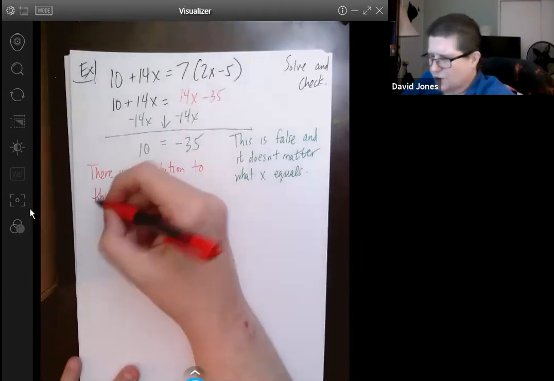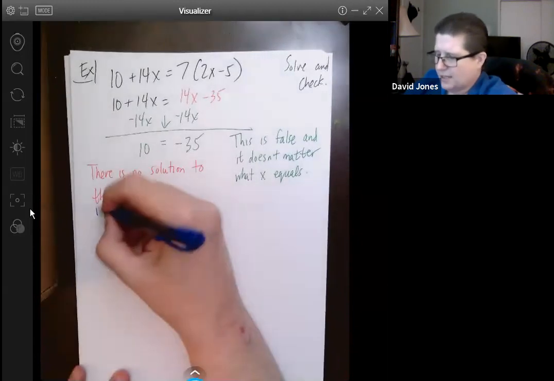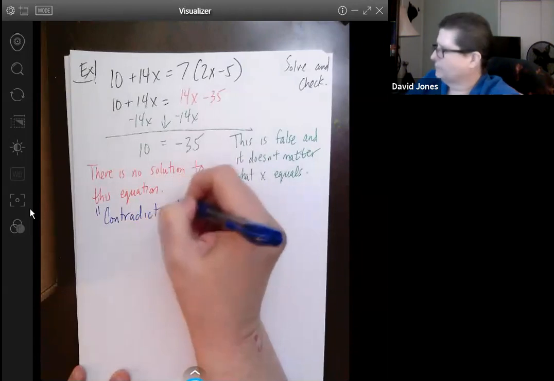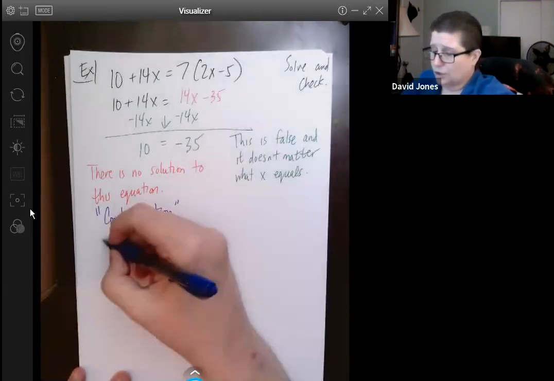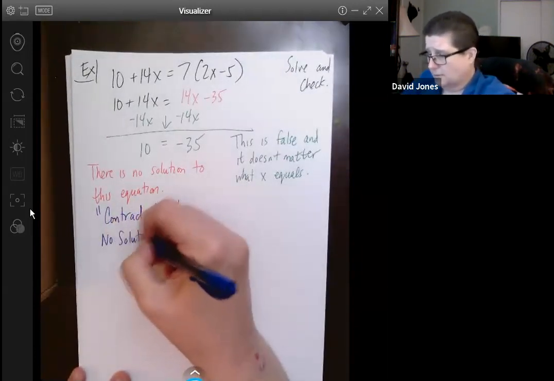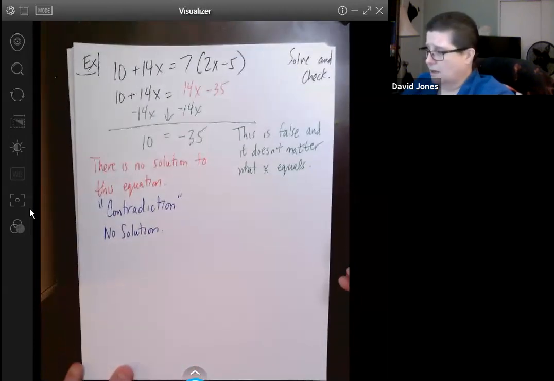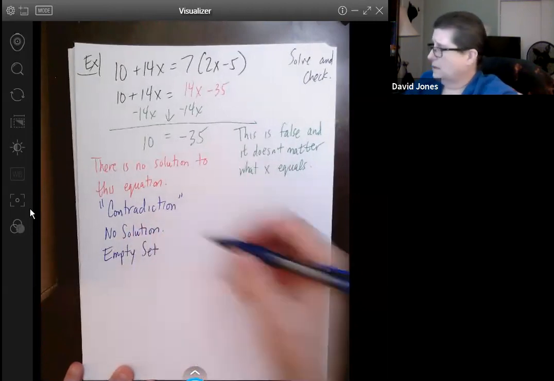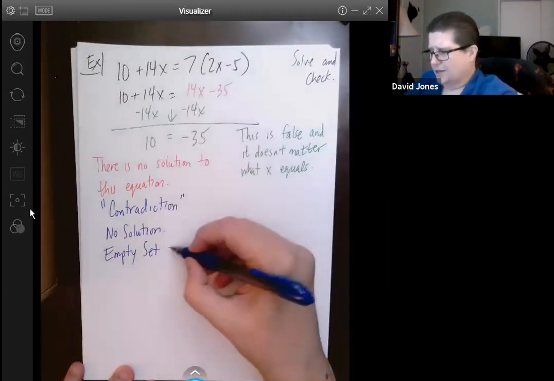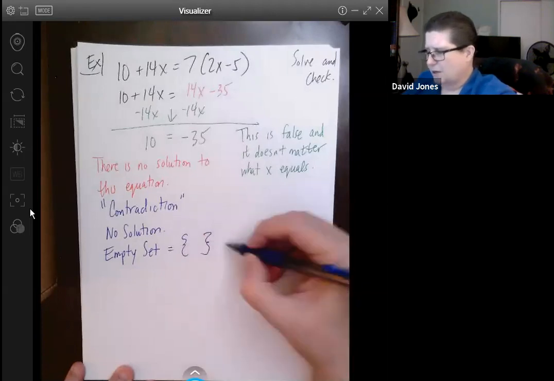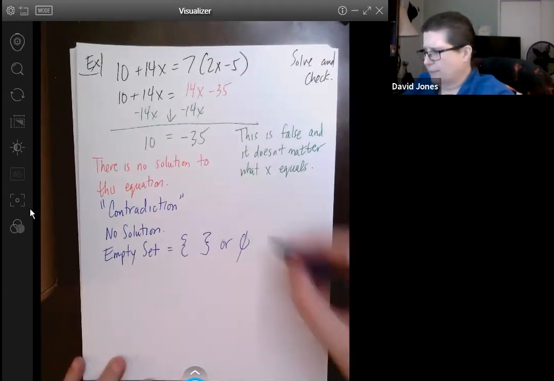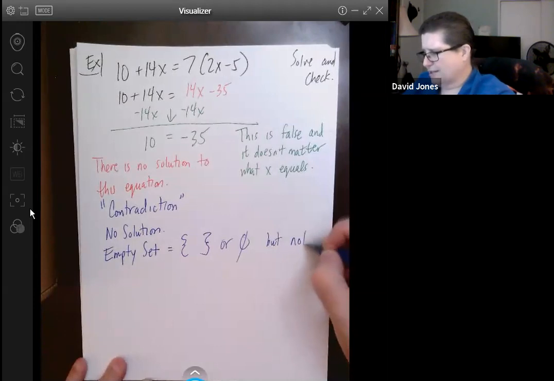You will see the terminology. You'll see contradiction. No solution. They might say empty set. An empty set you can depict as empty braces or a 0 with the bar through it, but don't put just 0.